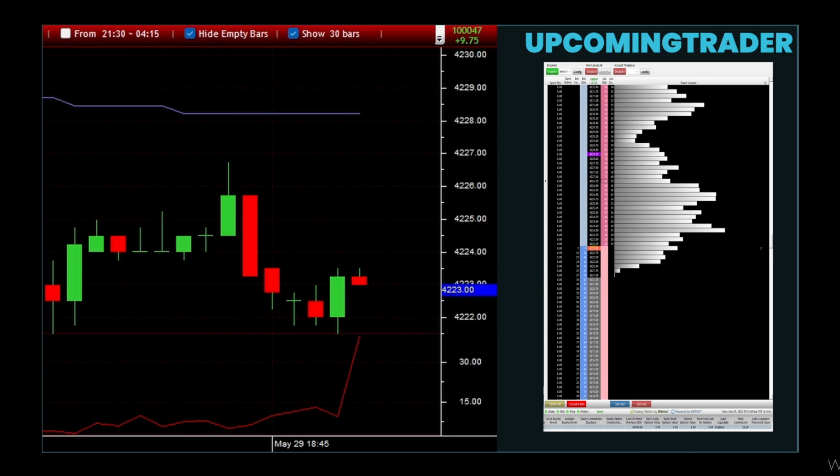If the short-term exponential moving average crosses below the long-term exponential moving average, it could be the start of a downtrend. One of the most common uses of the exponential moving average is to spot buy and sell signals through these crossovers.